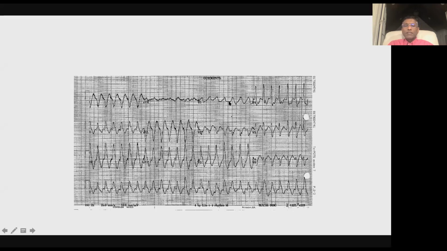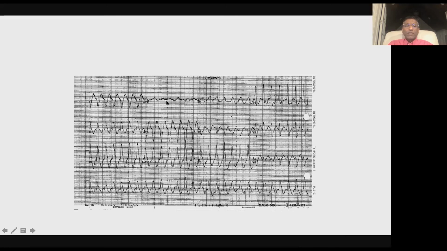But you could see here, if I just look over here at the V1 complex, you see just a big monophasic R wave. I can't really tell, is it R or R prime there? Big fat R wave there, okay. Most likely the initial R is taller than the R prime, already atypical, more suggestive of VT.